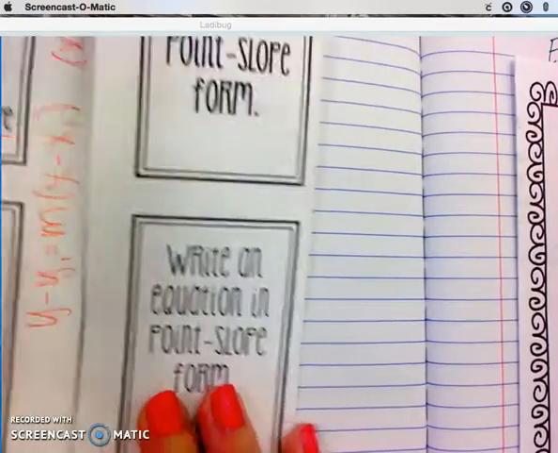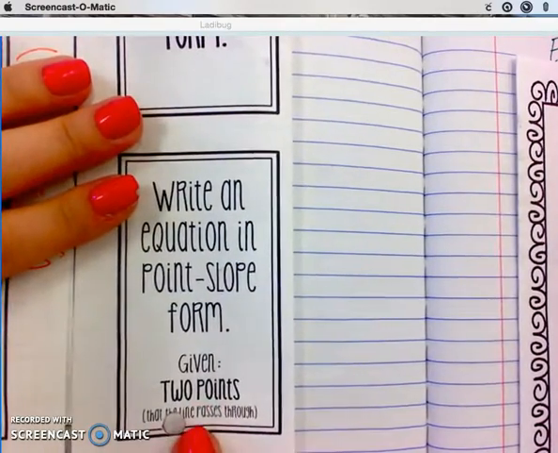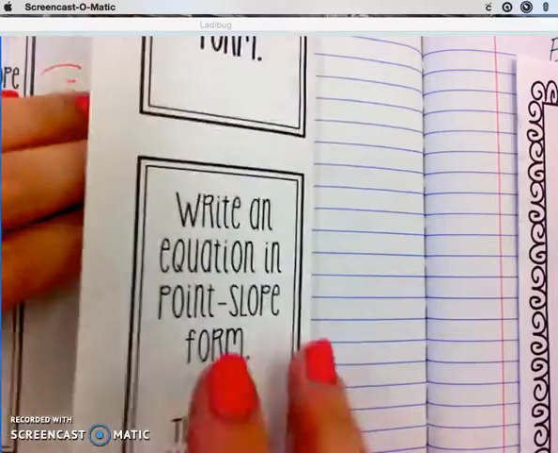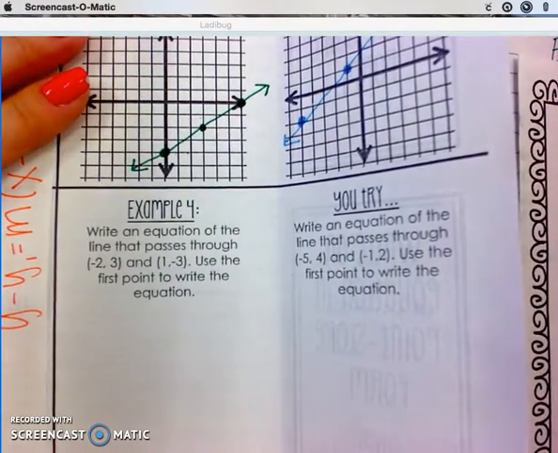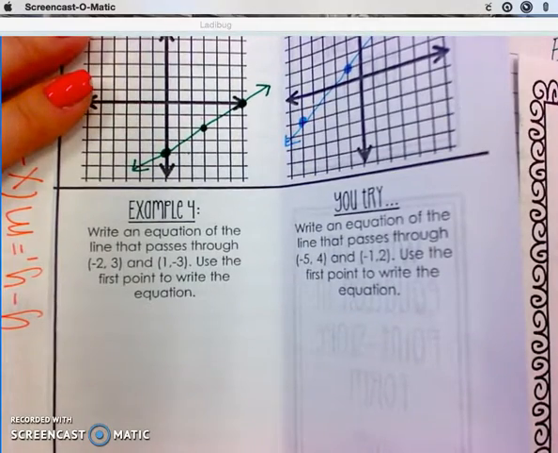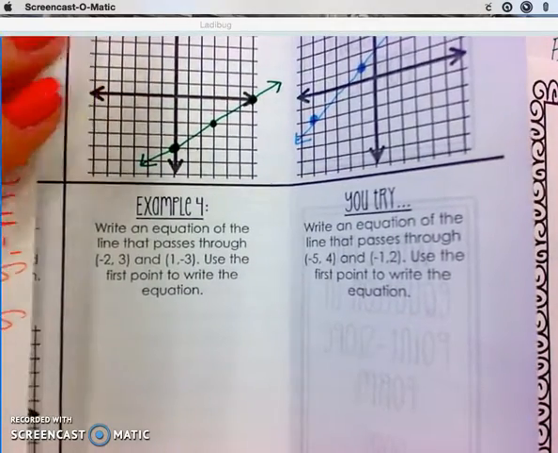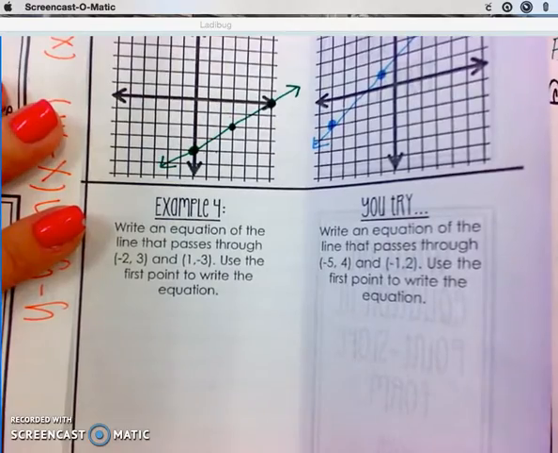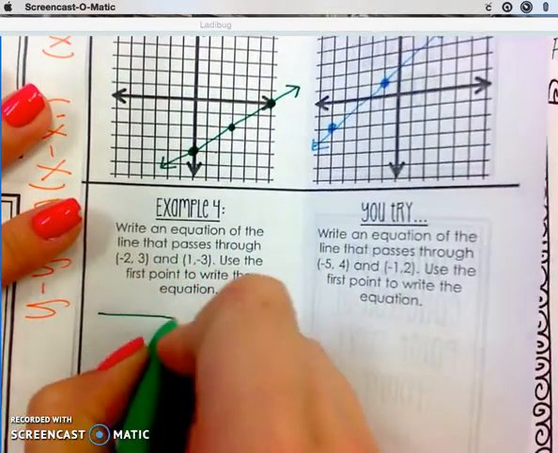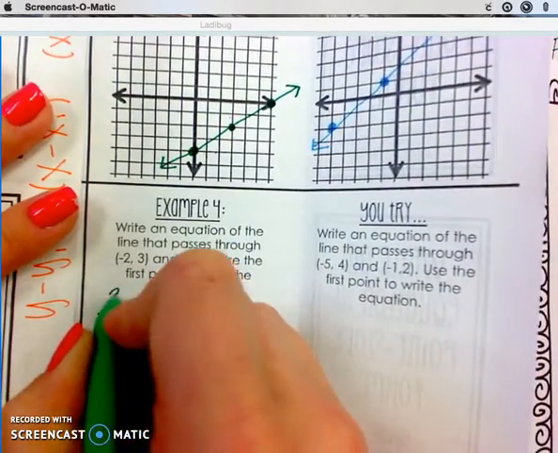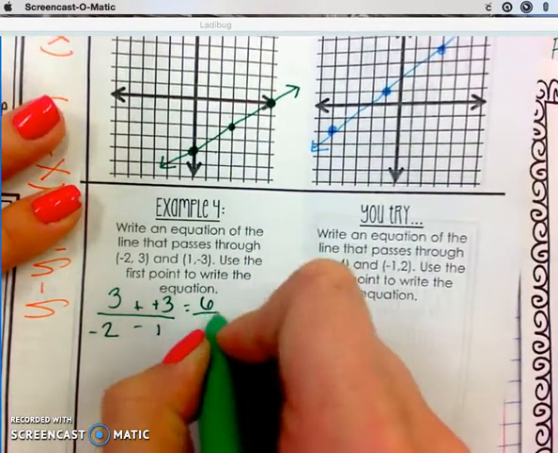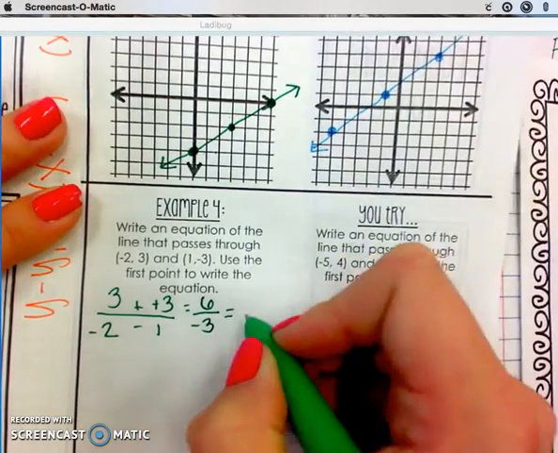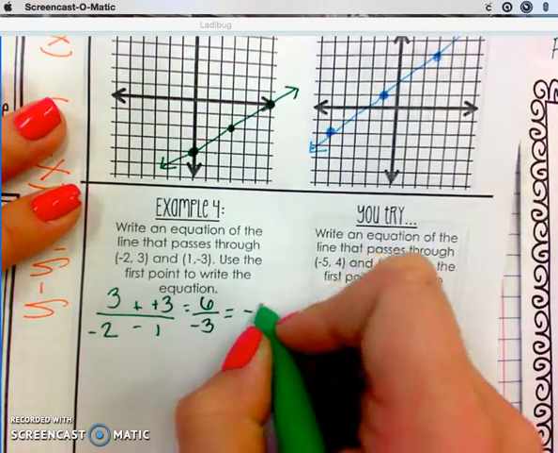Writing an equation in point-slope form given 2 points that the line passes through. We're going to first have to find the slope. Slope from 2 points is still the same. We can go down, up, down, up. I have 6 over -3, which reduces to -2.